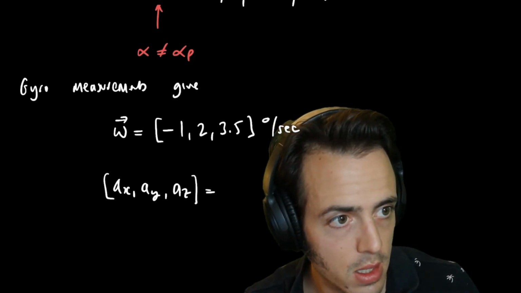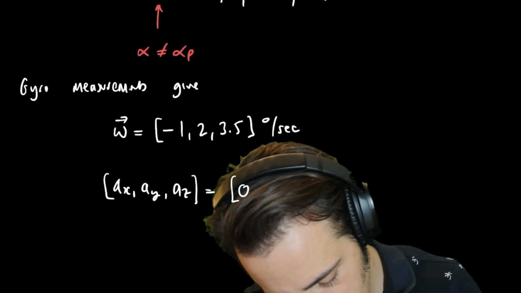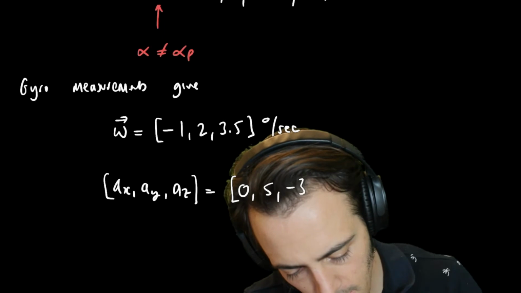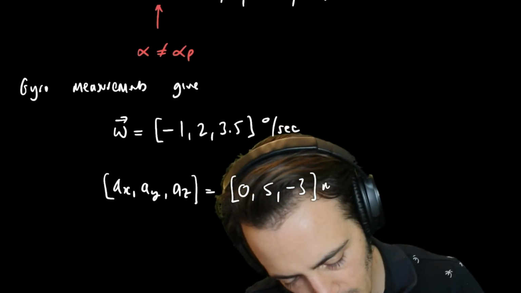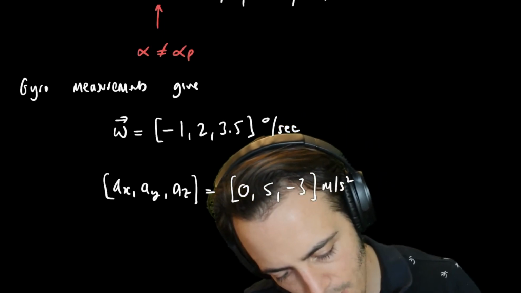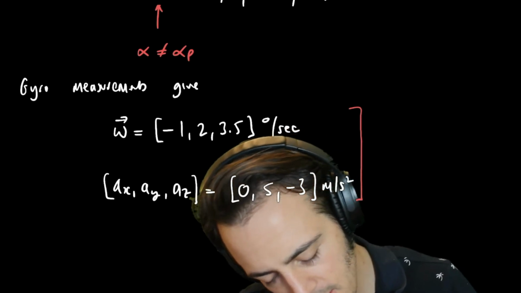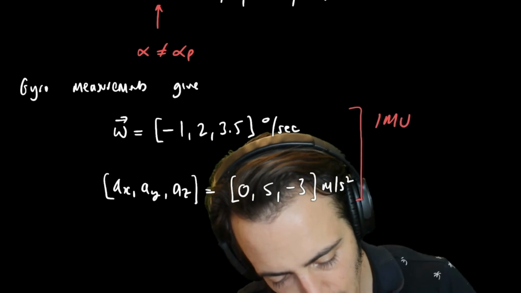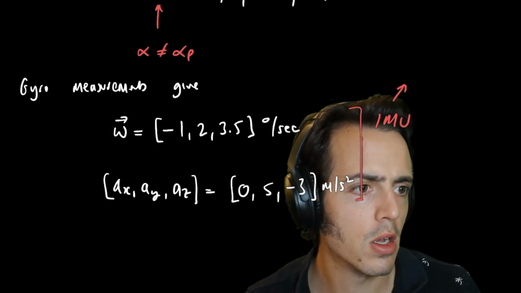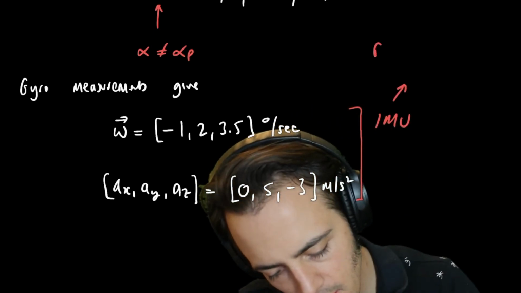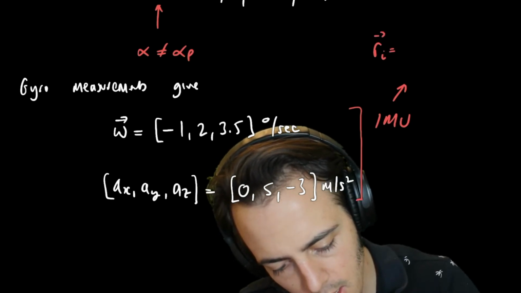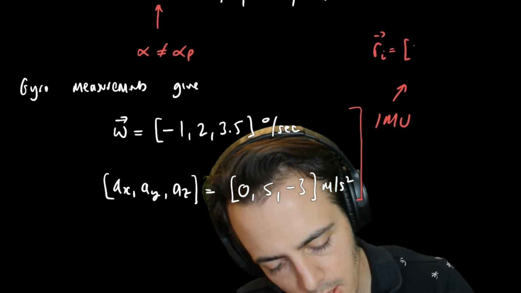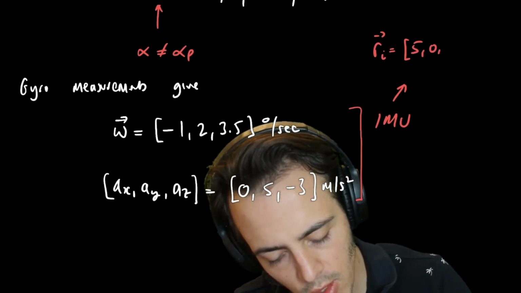These are 0, 5, and -3 meters per second squared. And these have been measured at an inertial measurement system, or an inertial measurement unit, I should say. And the IMU lives at a location which we'll say is RI, and this is at 5, 0, and 1 meters in our aircraft.